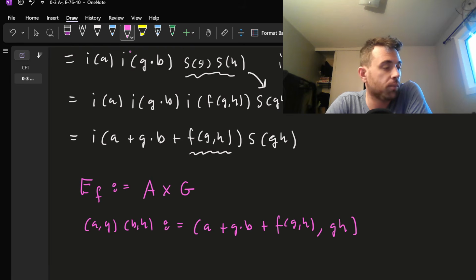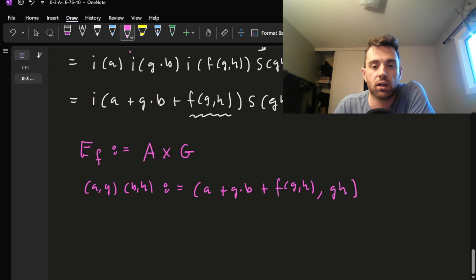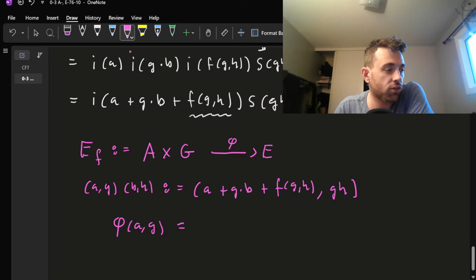Great. So exactly mimicking that. And what is my claimed isomorphism going to be with the group E? Well, I'm going to send (a,g) to i(a) s(g).